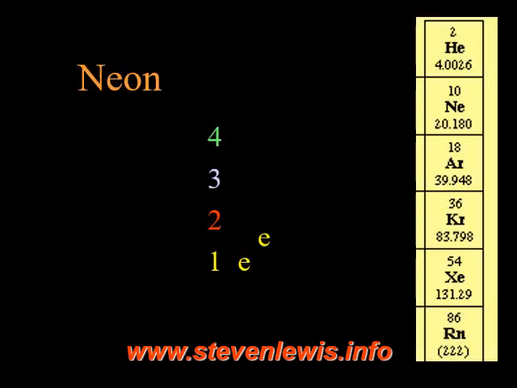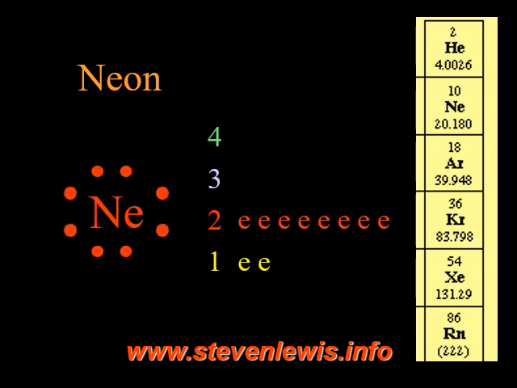The next element in column 8, or group 8, is neon. Neon has atomic number 10, meaning it has 10 protons in the nucleus and therefore 10 electrons around the nucleus. We put the first 2 electrons in the first floor of our electron hotel, leaving us with 8 electrons for the second floor, which fills the second floor.